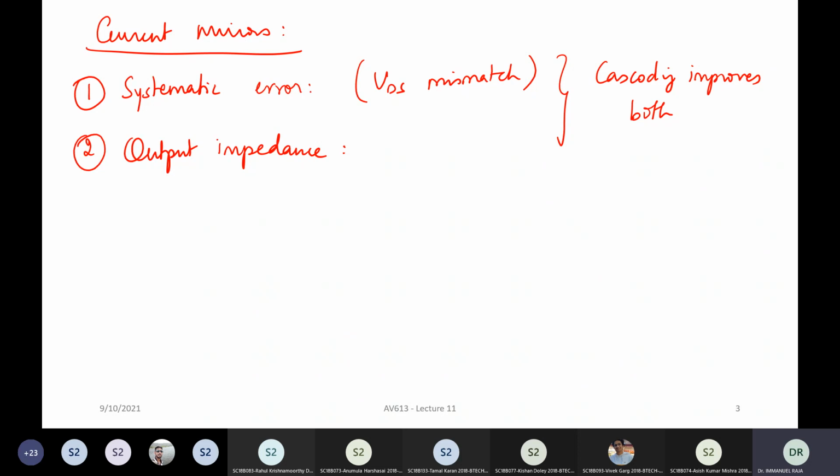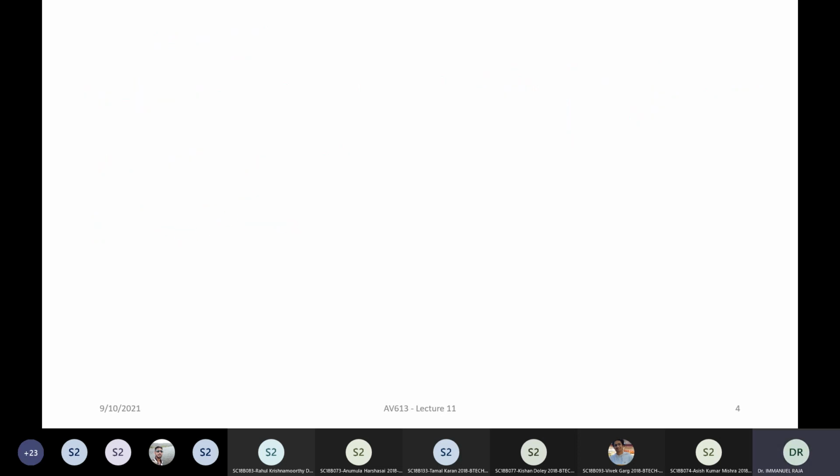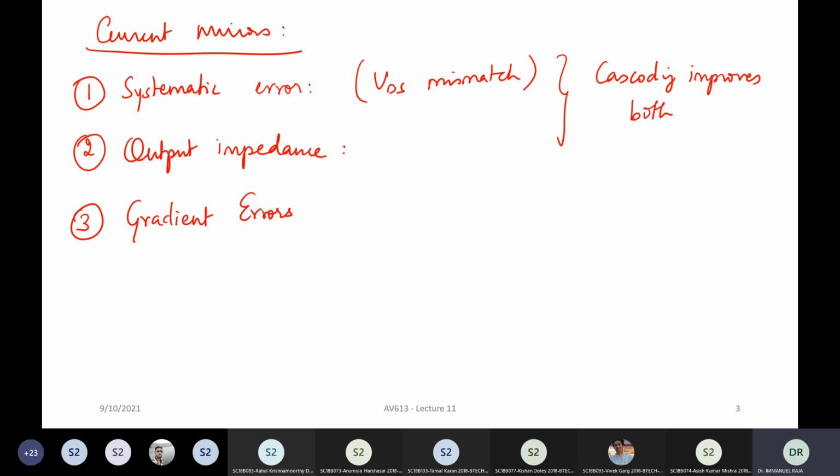Now today we are going to look at two other sources of error, or two other ways by which your current mirror can get screwed up. The third one is what is called gradient errors. It is important for you to have a very clear understanding of what we are talking about, because sometimes they may look a little similar, but their origins are different, and the solutions to mitigate their effects are also different.